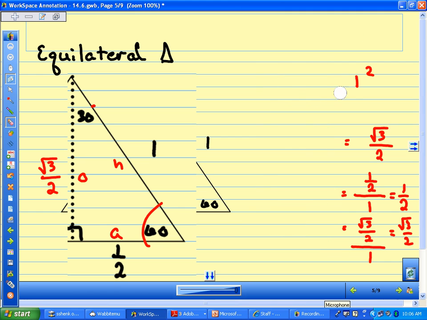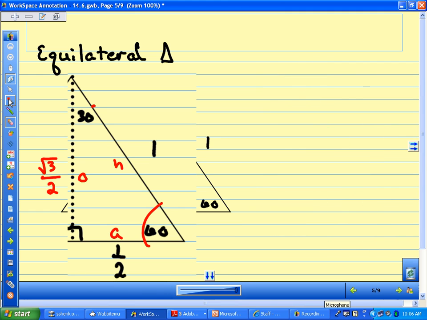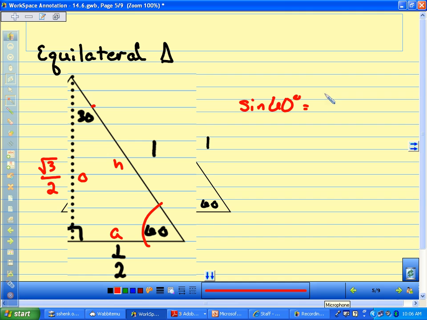Okay, so now let's talk about the sine and the cosine of that 60. Sine of a 60. Again, sine is what over what? O over H. So what would we get here? What's O divided by H going to be? Radical 3 over 2 divided by 1, which is just simply radical 3 over 2.